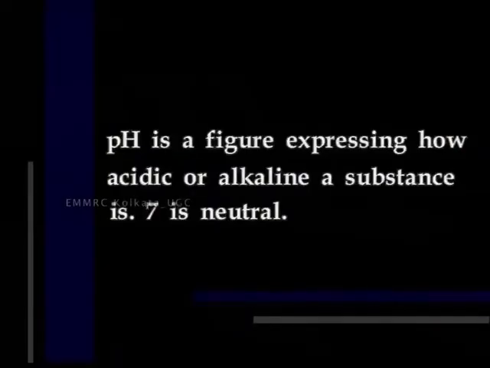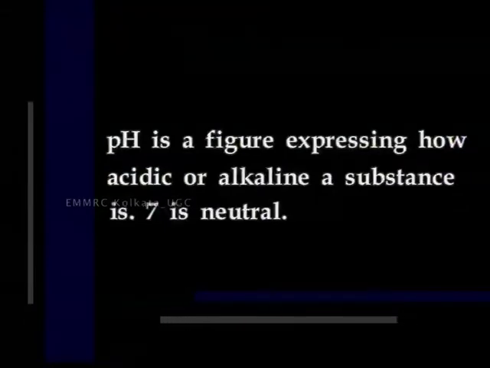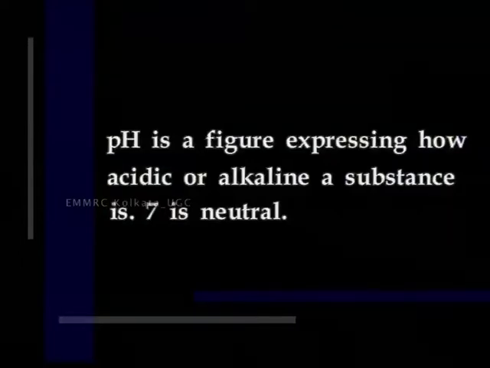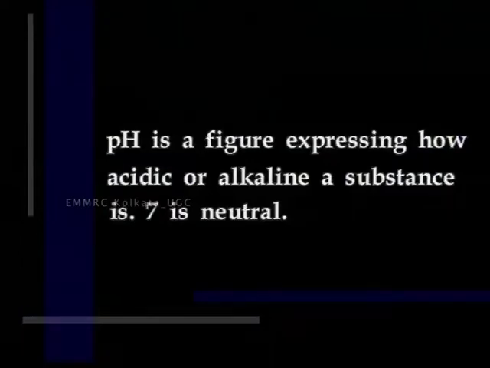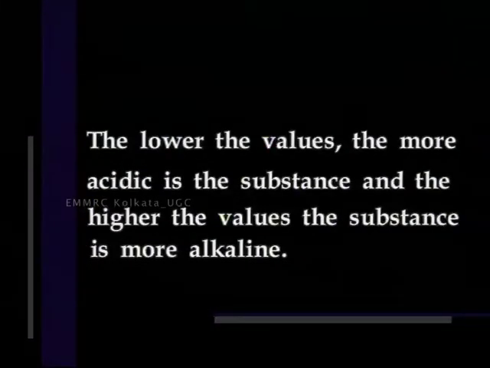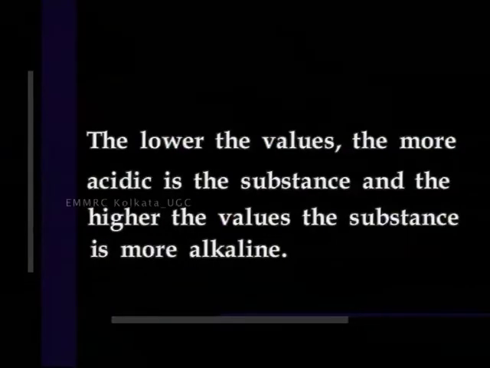pH is an important concept. It is a figure expressing how acidic or alkaline a substance is. 7 is neutral. The lower the value, the more acidic the substance, and the higher the value, the more alkaline.